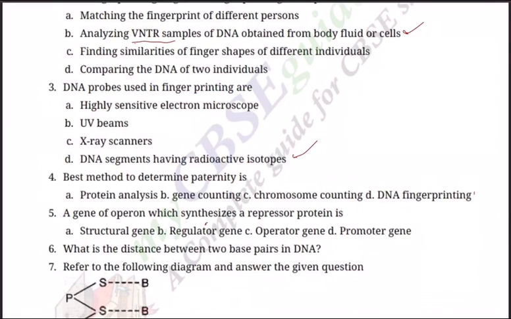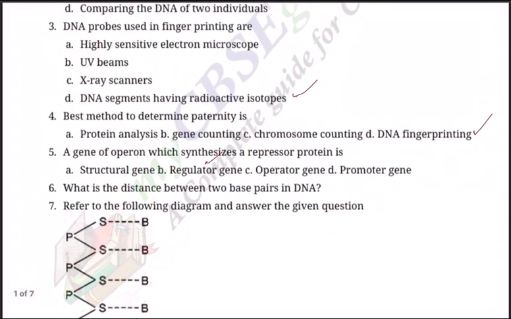Best method to determine paternity is protein analysis, gene counting, chromosome counting, or DNA fingerprinting. Of course, just now we said DNA fingerprinting. That should be the answer. And 5th, a gene of operon which synthesizes a repressor protein is structural gene, regulator gene, operator gene, promoter gene. It has to be regulator gene.